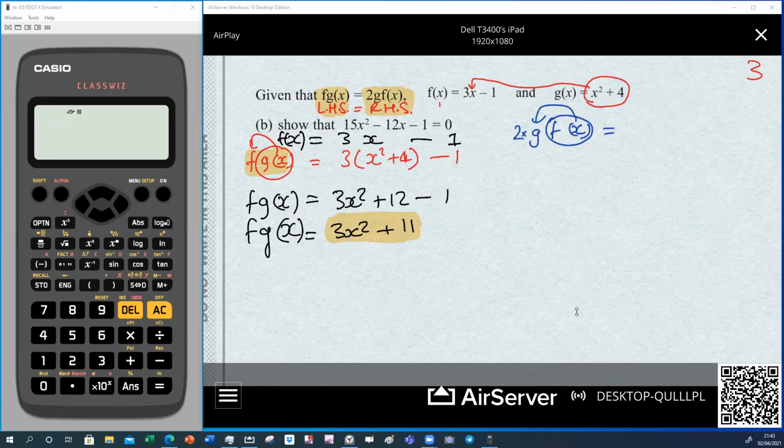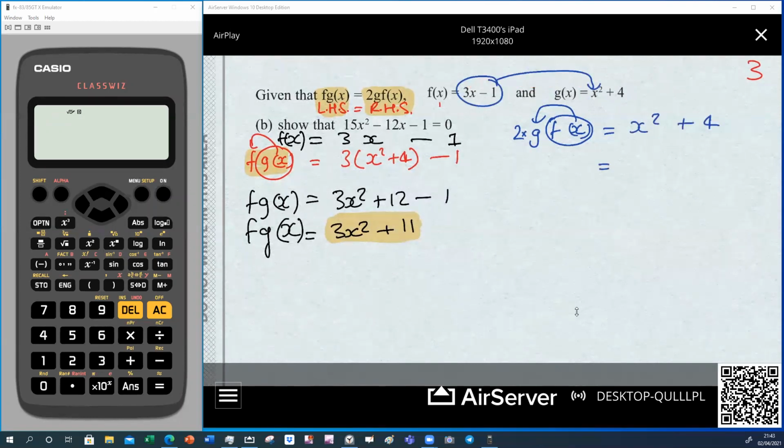So let's get rid of the old highlighting here. We're going to grab this bit here and put it into here. So it'll be x squared add 4, and the x squared will receive the 3x minus 1. Then we have to square it and then add 4.